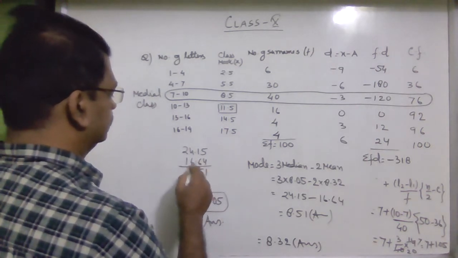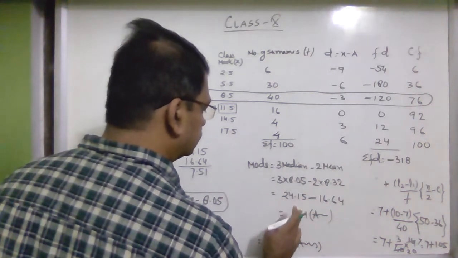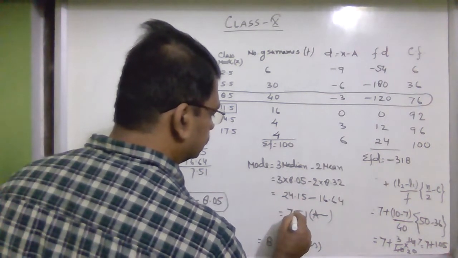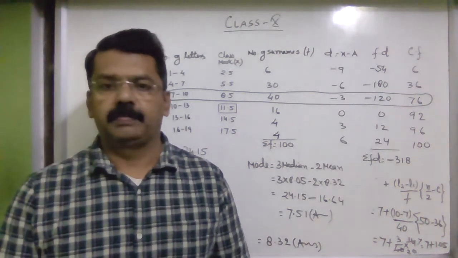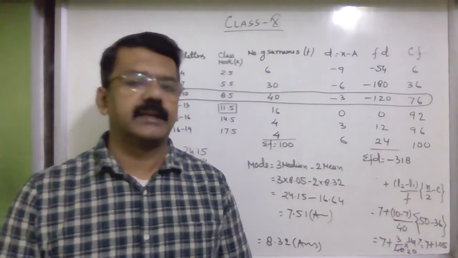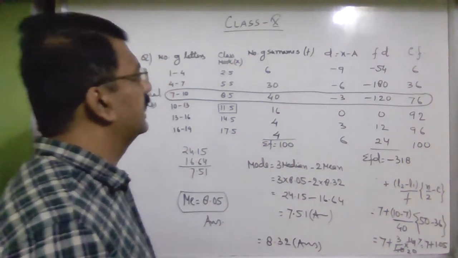Okay, 7.51. So the mode is 7.51. We can find out the mode by the other formula also that I told you in the previous class.